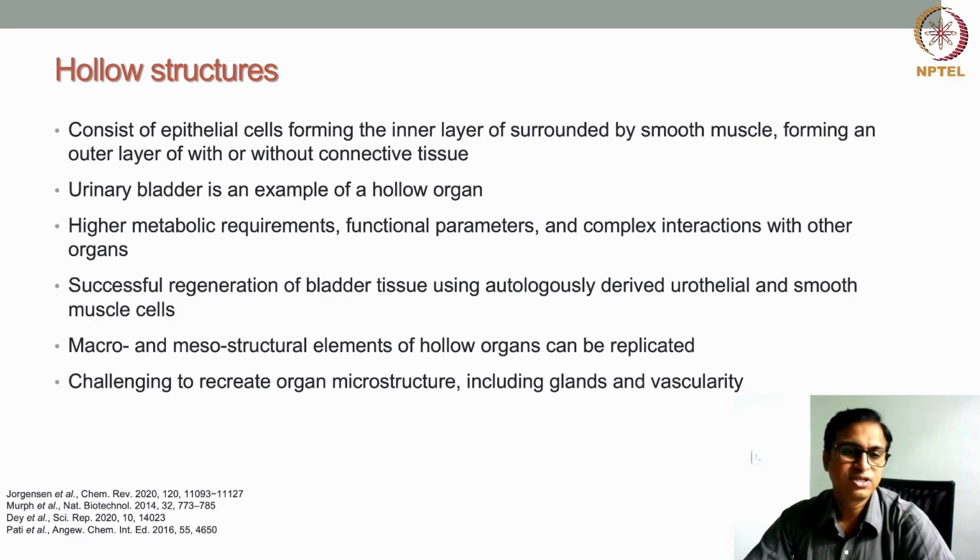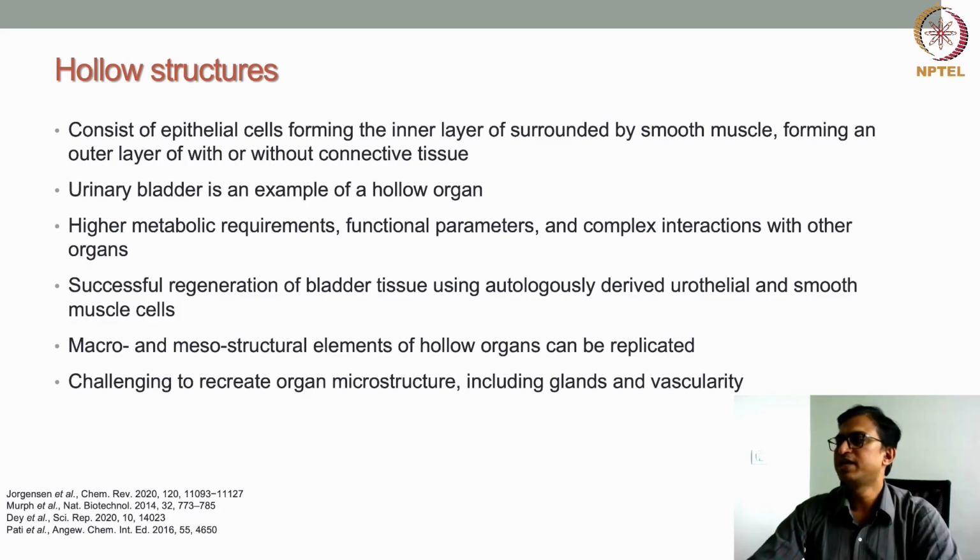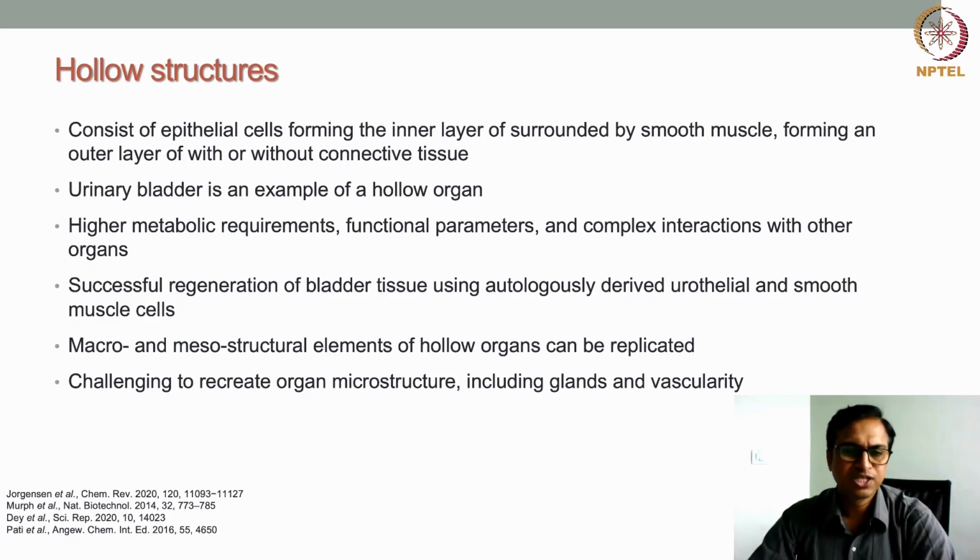There is a success story here where Dr. Anthony Atala from the Wake Forest Institute for Regenerative Medicine and his group developed strategies by which they generated an artificial urinary bladder, then seeded that with the patients' autologous urothelial and smooth muscle cells, and implanted it into the patients, and those patients are doing perfectly fine.